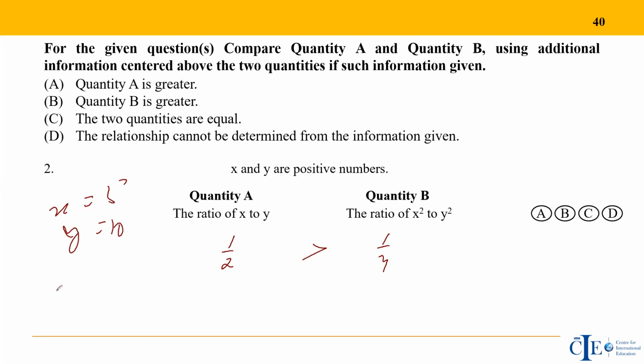If x is 0.5 and y is 0.1, this is 5 is to 1, okay? Or let's say x is 0.5 and y is also 0.5. Take them equal. So you have 1 is to 1, and this will also be 1 is to 1, where they can be equal, right? So therefore it has to be D.